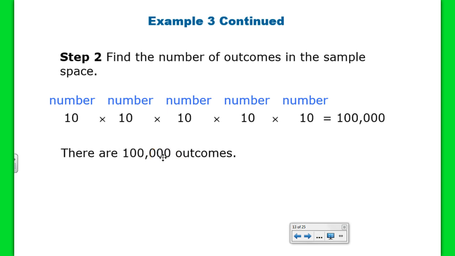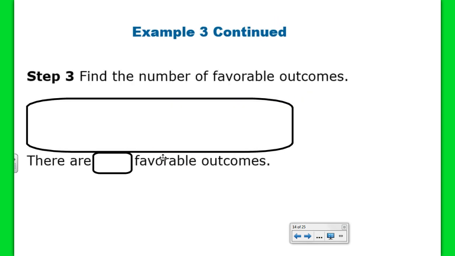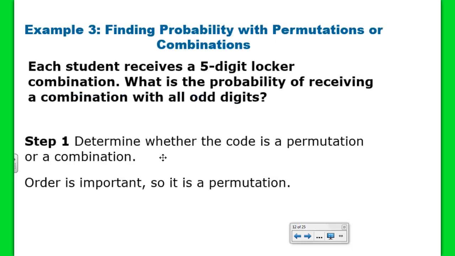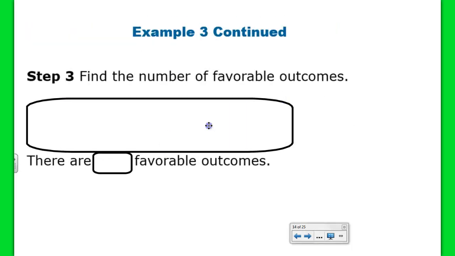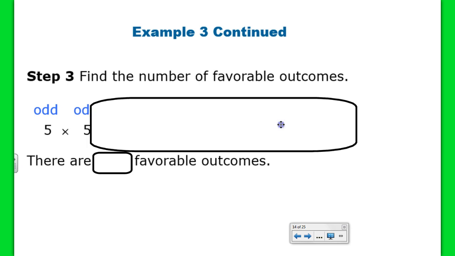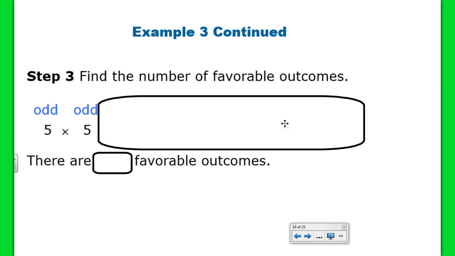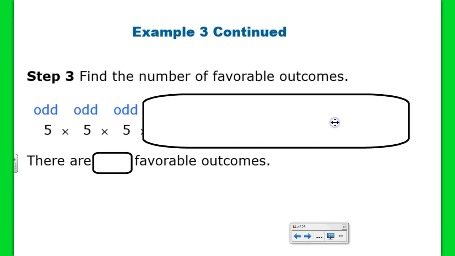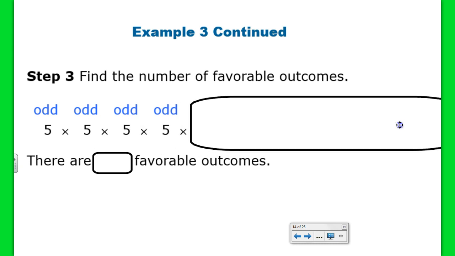We now need to find the number of favorable outcomes, right? So how many of these digits could be odd, right? So we know that there are 5 odd digits, right? Possible for each digit in the 5-digit code.